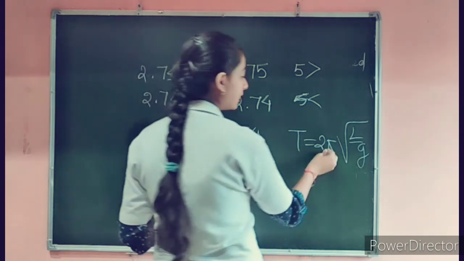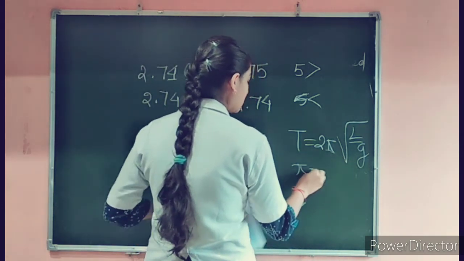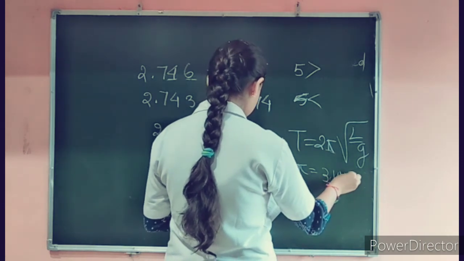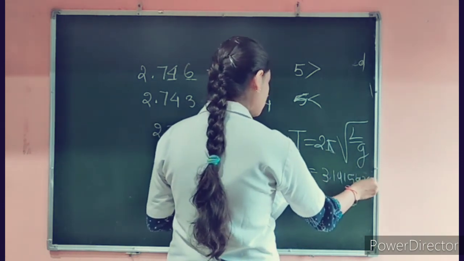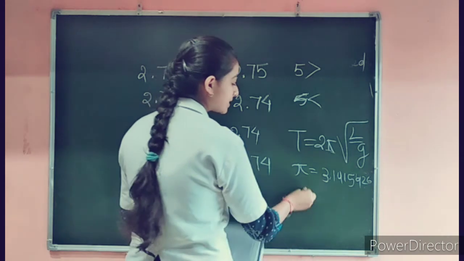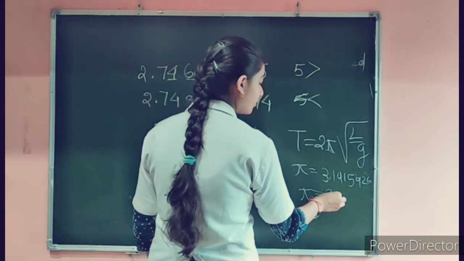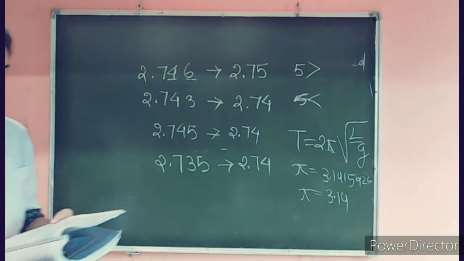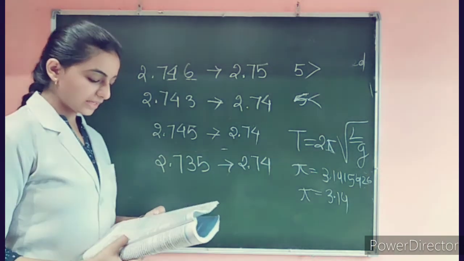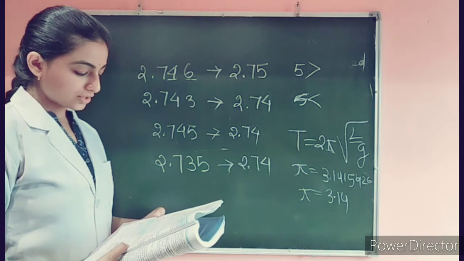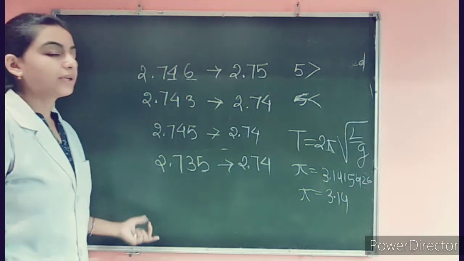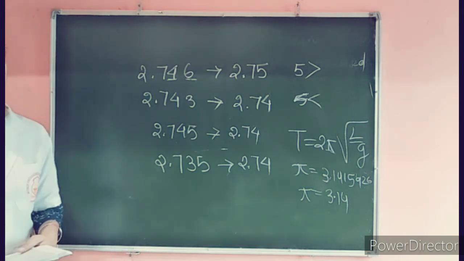Now the value of pi is 3.1415926 and so on, but we are considering it as 3.14, with a limited number of significant figures as required in specific cases. This is our rounding off of uncertain digits.